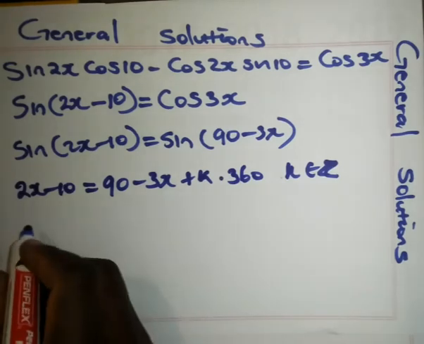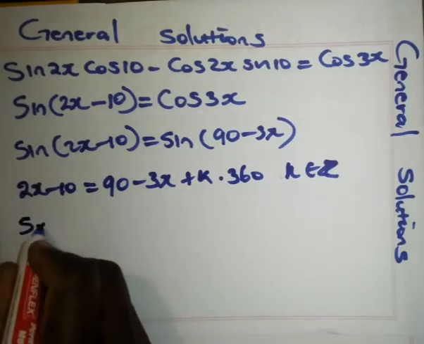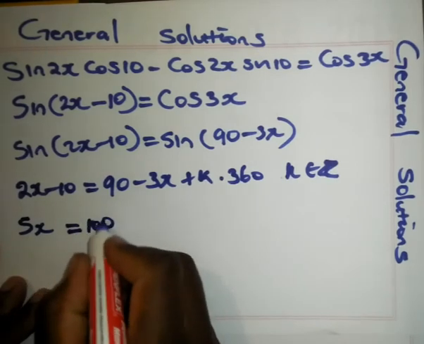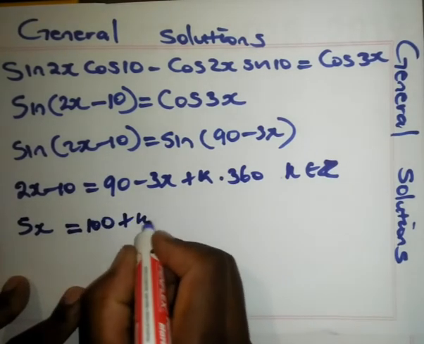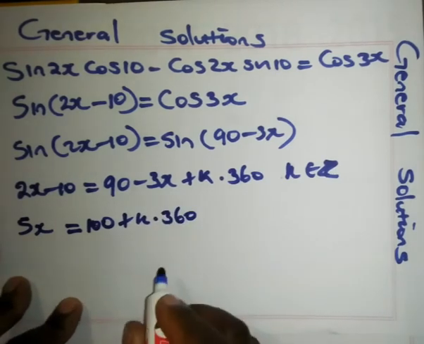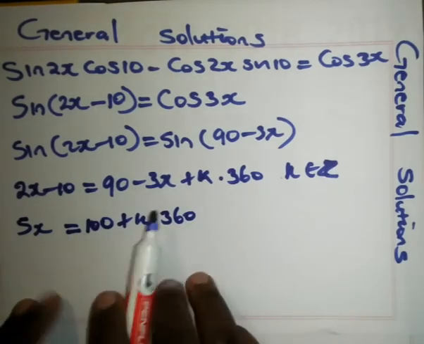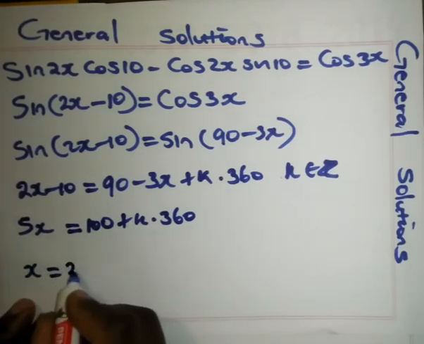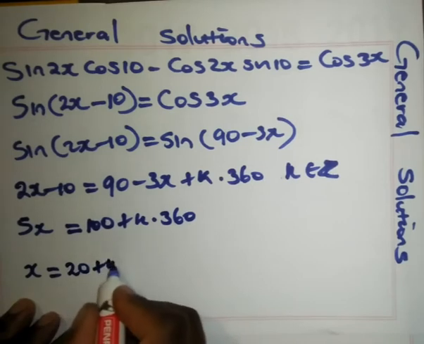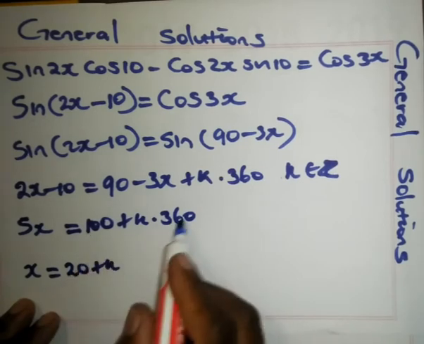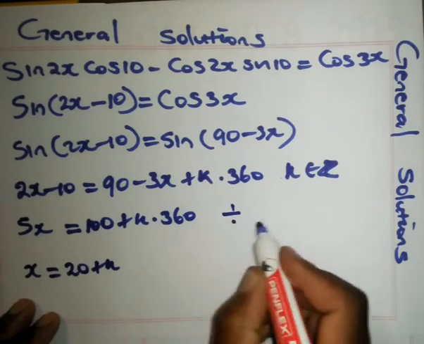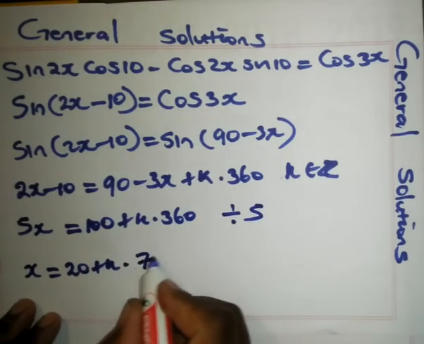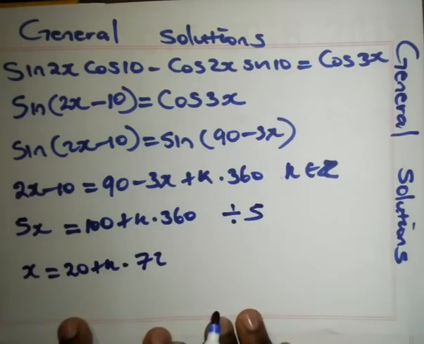So this will be 5x, and that will be 100 plus k times 360. So the final value of x in this part is going to be 20 plus k multiplied by, if we divide throughout with 5, that part over there will be 72.